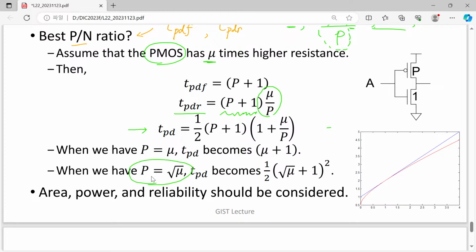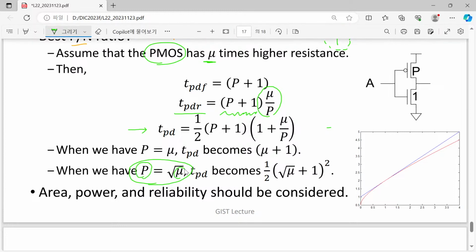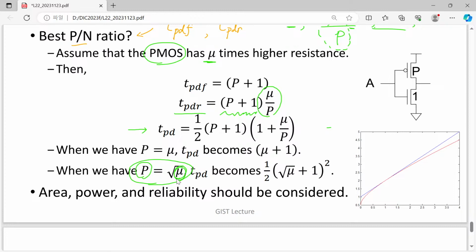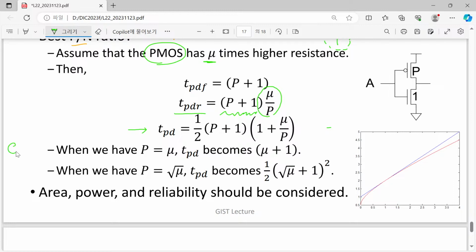This is the best condition for selecting your P value: not just the resistance ratio, but the square root of it is the best ratio. So please note that this is our conventional way to select the P MOSFET relative to the N MOSFET.